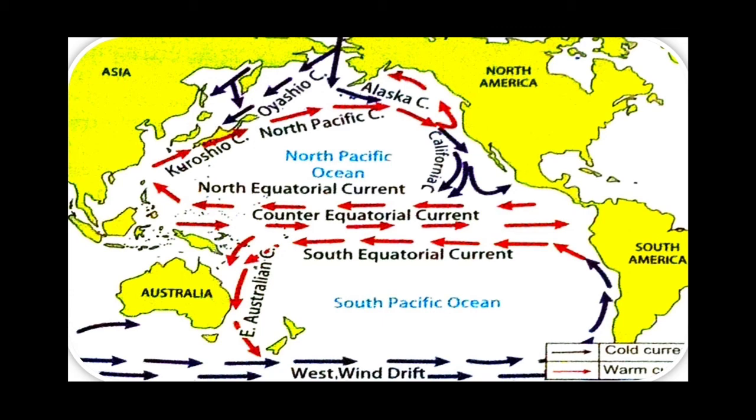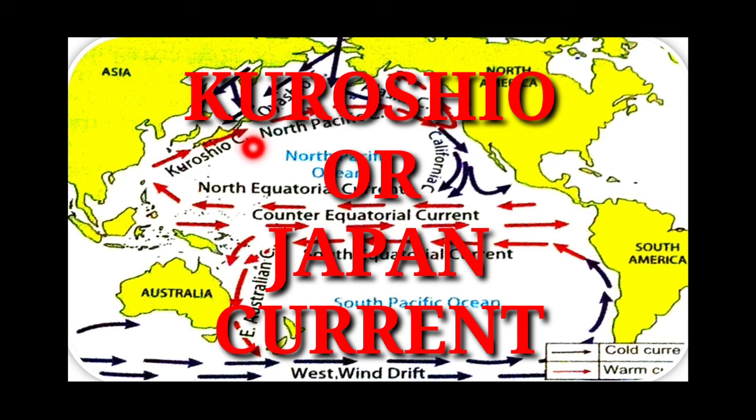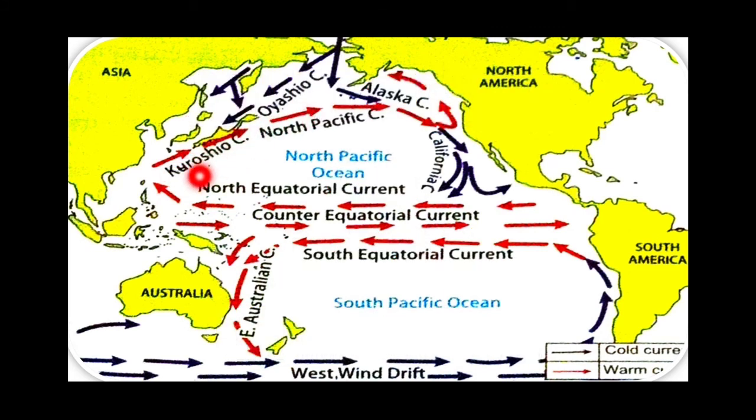Now children, you can see just opposite to the Oyashio current is moving a warm current, which is known as the Kuroshio current. So this is a warm current and is the most important warm water current in the North Pacific Ocean. In the northern part of the Pacific Ocean, the Kuroshio current is the most important current.